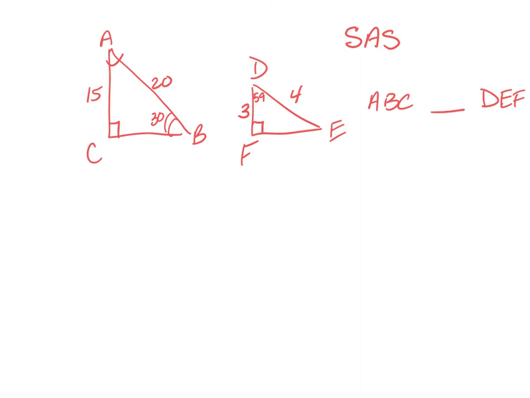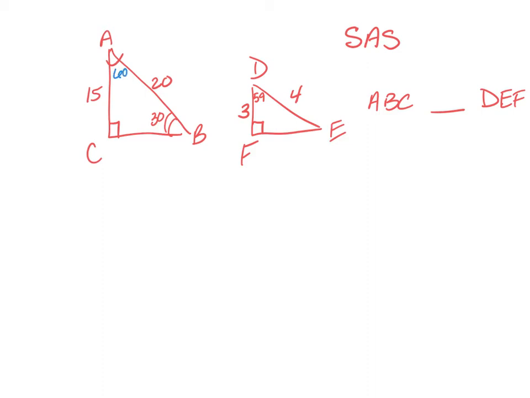The sides are proportional. The angles have to be equal to each other. Everybody get that? So you don't use proportions to figure out the angles. They have to be equal to each other if two triangles are similar. So in this triangle here, I'm going to change color. If this is 30, this is 60, right?